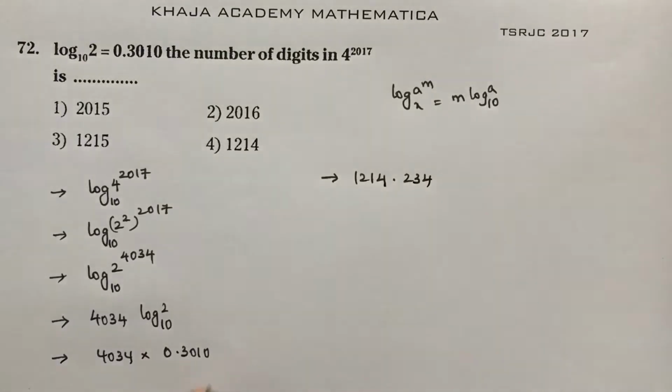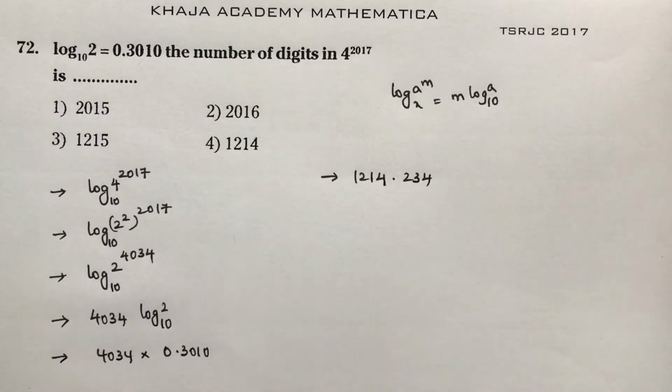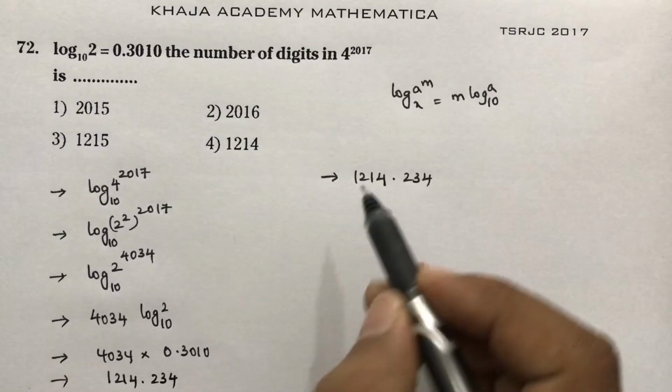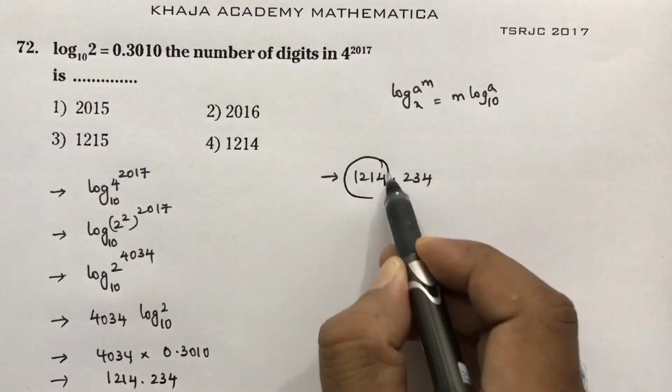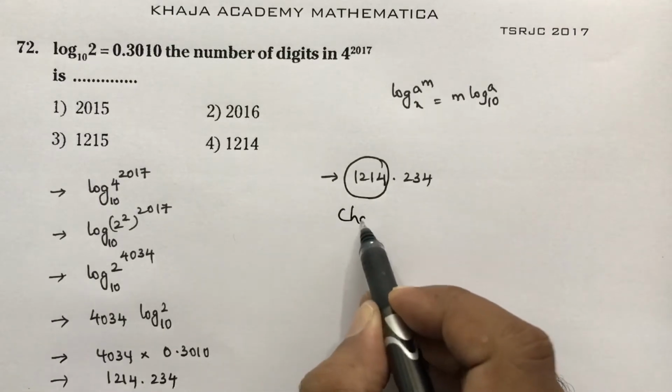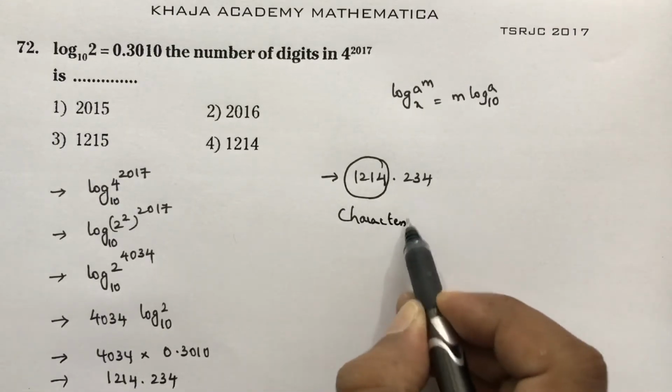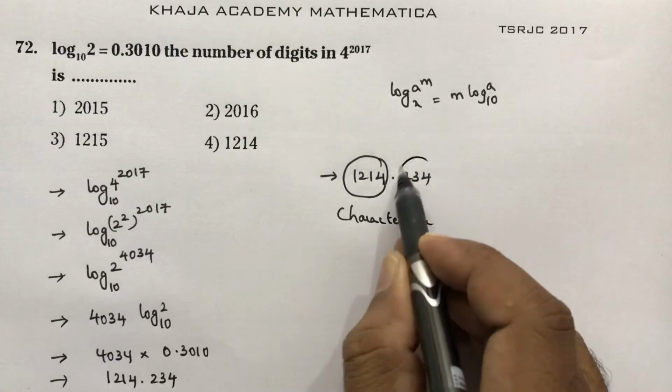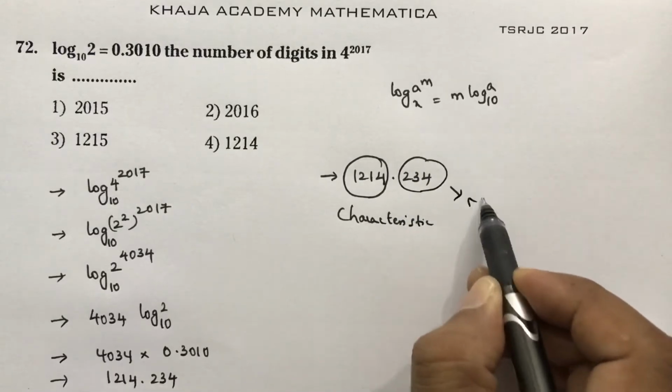If you multiply this, you will get 1214.234. Here this integral part is called the characteristic. Integral part is called characteristic. Decimal part is called mantissa.